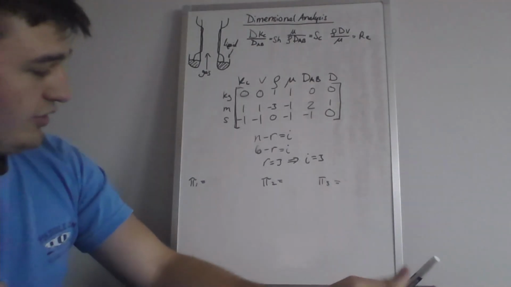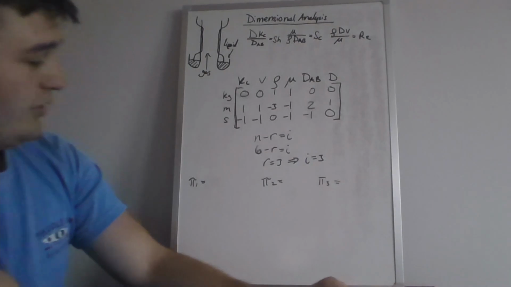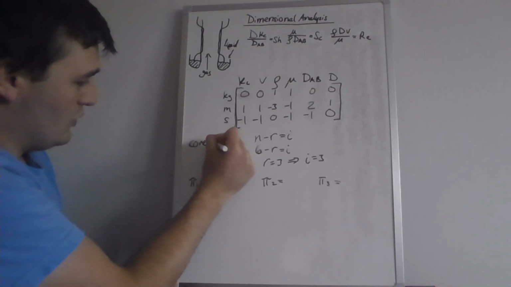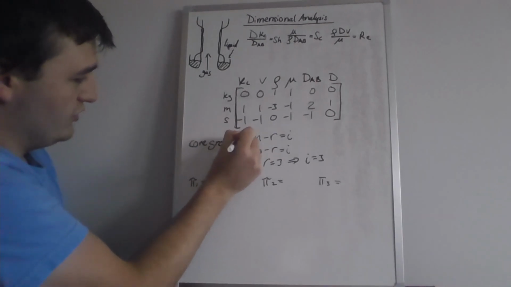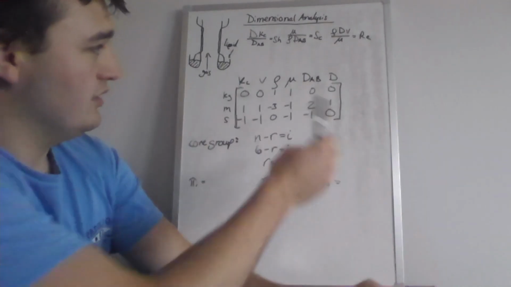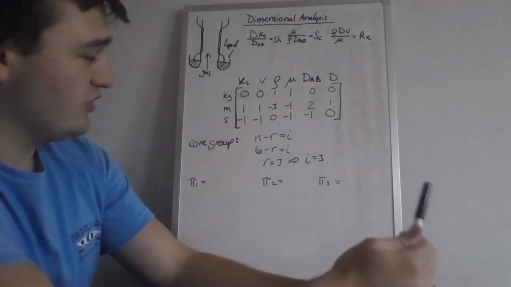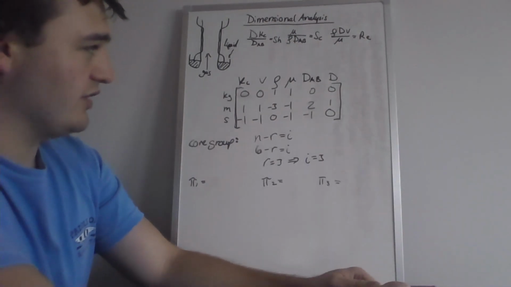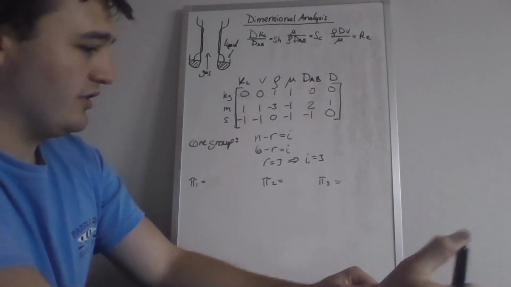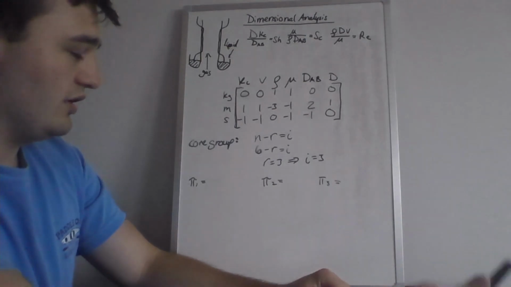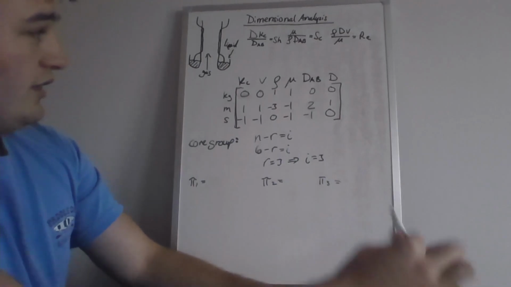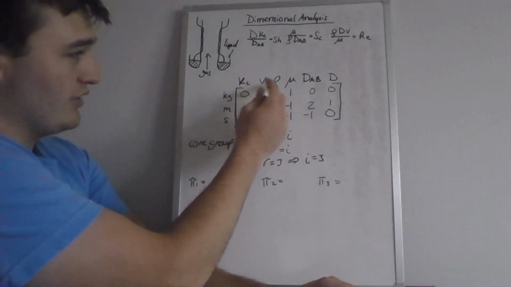But in this case, we're going to say our core group is the diffusivity, the density, and the characteristic length, D. And then we're going to alter this last one with the other 3.